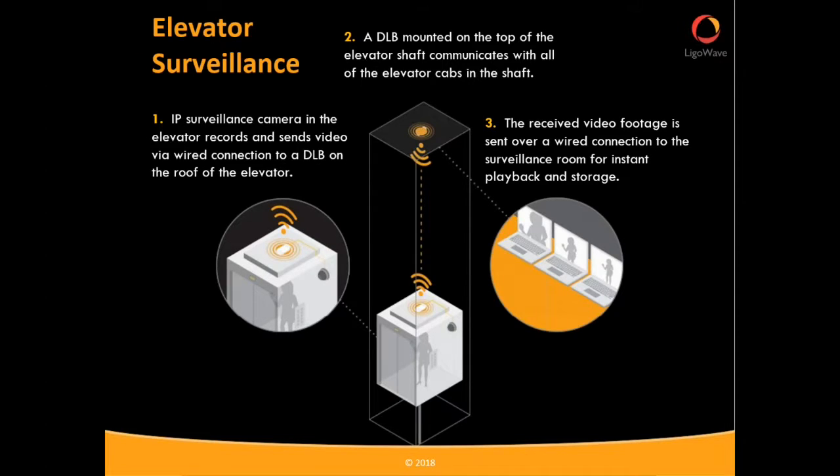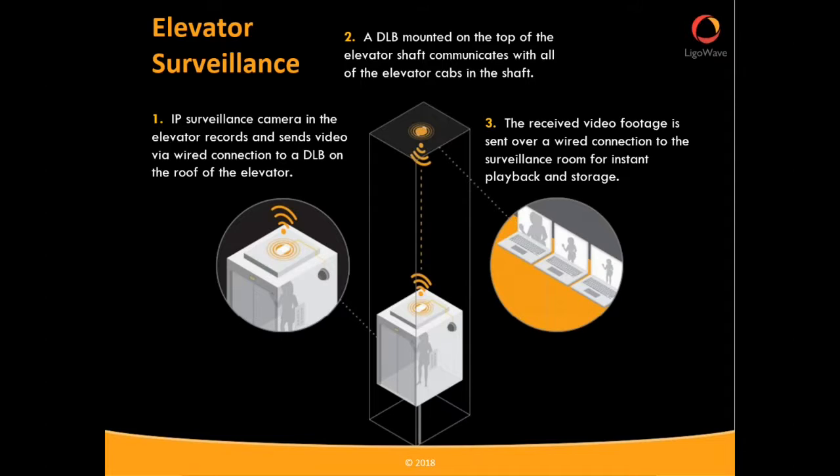Another very interesting application for surveillance is elevators. Modern elevators are typically built with a rolling Cat 5e cable to provide network connectivity inside the elevator cab itself. But typically in older buildings and older elevators, they don't have such wiring, and putting in such wiring can be very, very expensive.